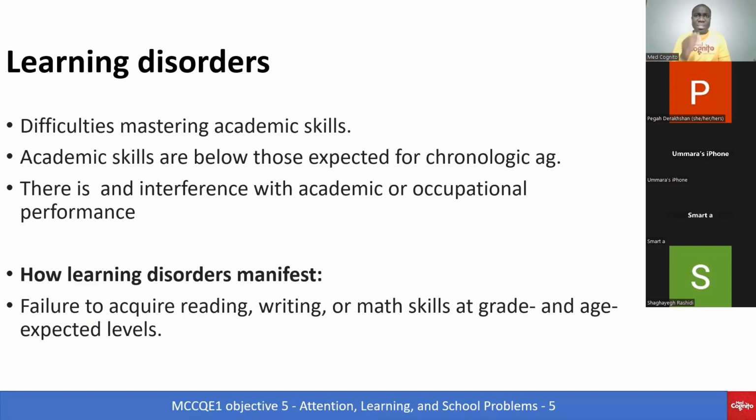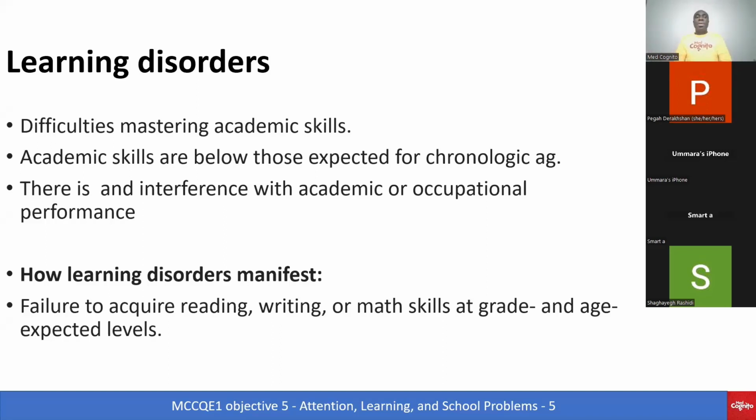So when we say a child has learning disorders, what we mean is that that child has difficulties mastering academic skills. And the academic skills are below those expected for the child's chronologic age. Because remember that in Canada, children are placed in school based on their age. And there's an interference with academic or occupational performance in that particular child.